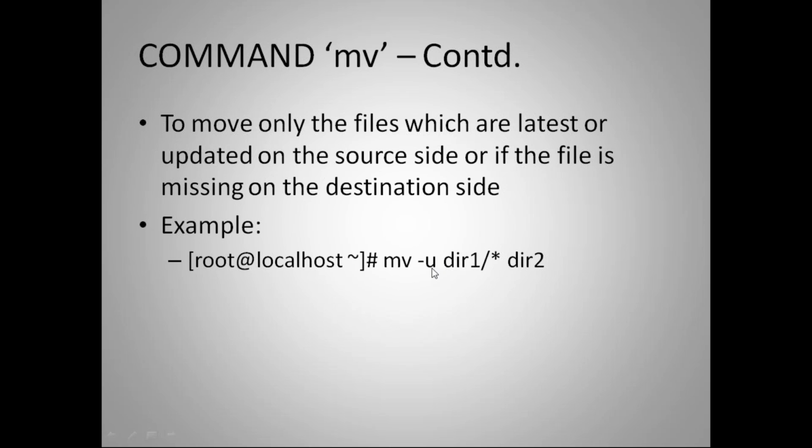So if updates are to be copied onto the destination side, there are only two updates, file 1 and file 3. Only those two files will be moved, sorry, copied. File 2 will not be moved, because it is already the same as file 2 in the destination directory.